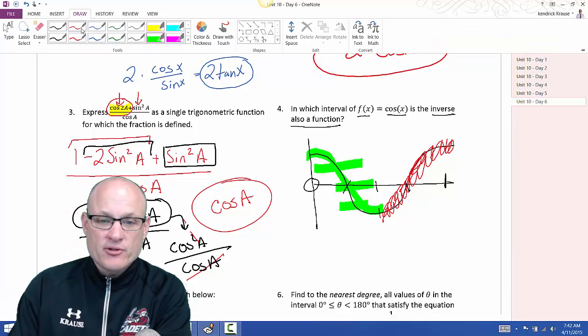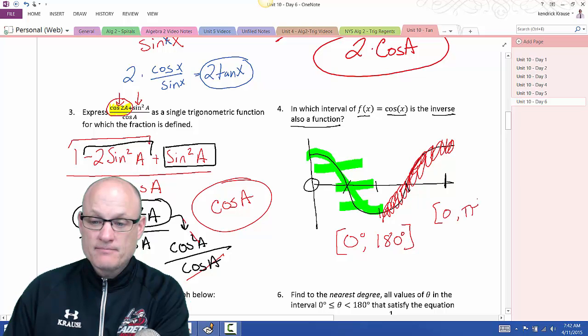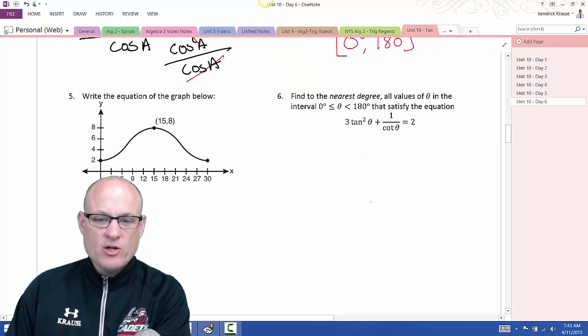Therefore, the answer is from 0 to 180 degrees. Or, if you'd prefer, from 0 to pi. Inclusive. Done.